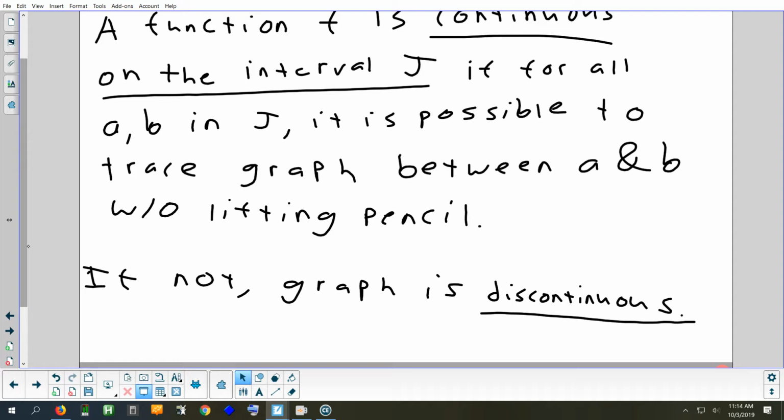Now, the other graph that looked like steps, I'm not really going to get into explaining it too much, but you could see that you'd have to pick up your pencil to draw steps like that. Okay, so any questions on that idea of continuous versus discontinuous? And when I say without lifting your pencil, I mean your writing utensil, whatever you're actually using.